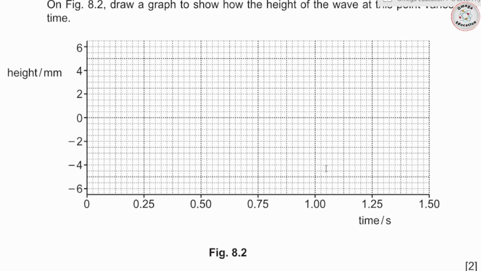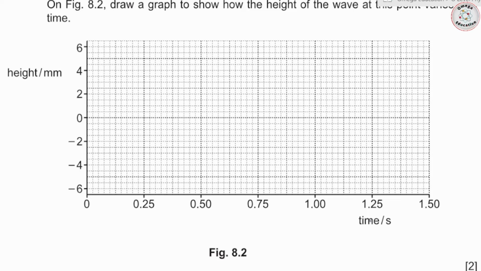So in other words, you have to draw a displacement time graph. Displacement over here would be representing your amplitude as well, displacement on the y-axis and time on the x-axis.